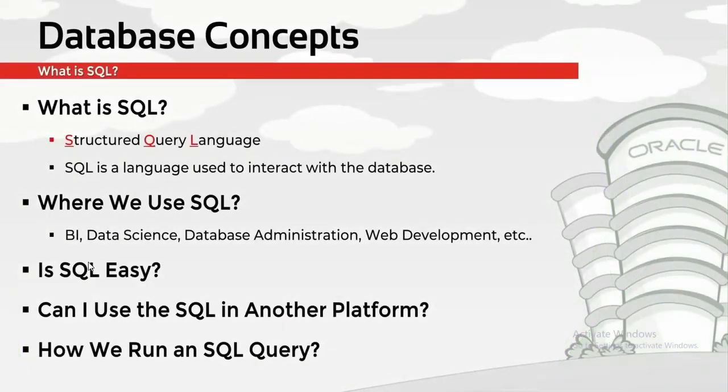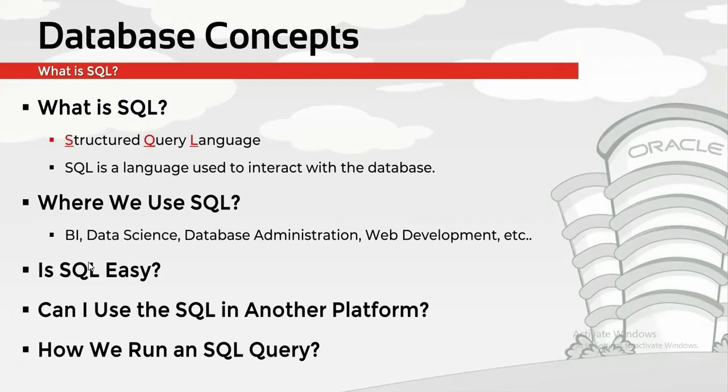Then we have a few questions in our mind. What is SQL? SQL is Structured Query Language. The name itself suggests it. Structured means whatever data we have to interact with the database, it may be arranged in a structured pattern.